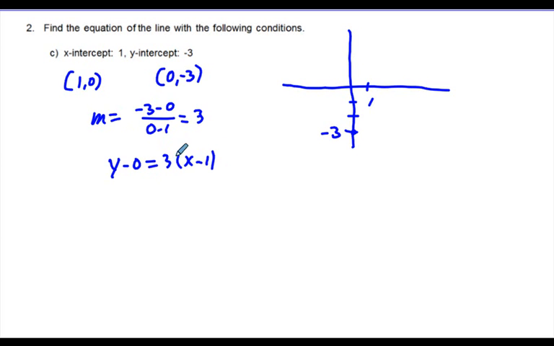Sometimes you'll see this distributed, and this is very easy to solve for y. So we'll have y equals 3x minus 3. So that's point-slope form, then slope-intercept form, and you can see the same thing either way. We could have just as easily used this point (0, -3).